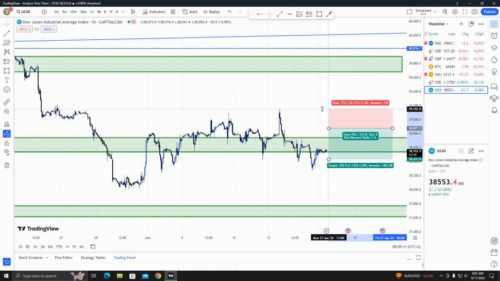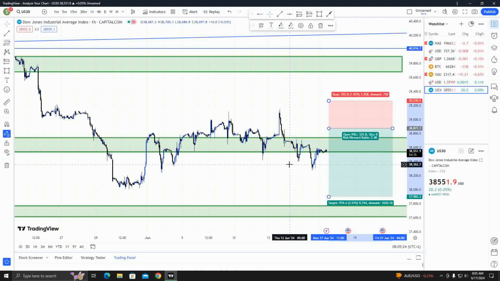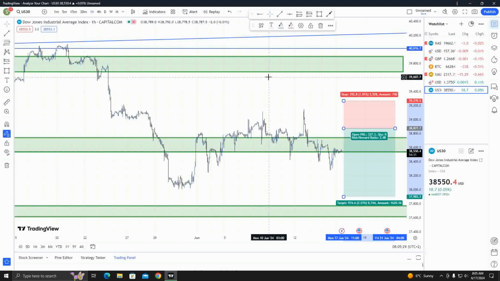So you always aim for like 1% of the initial amount, and then the target. The target is always the biggest. So yeah, that's my prediction for US30.